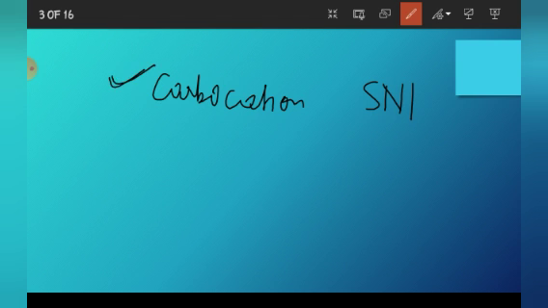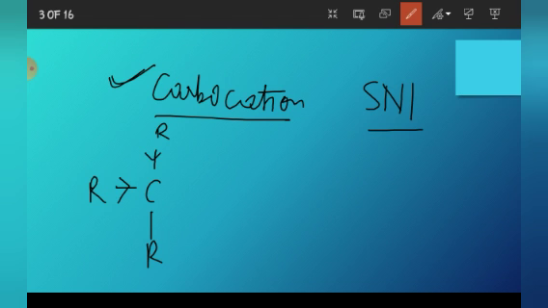You know that 3 degree carbocation is the most stable due to plus I effect of alkyl groups.